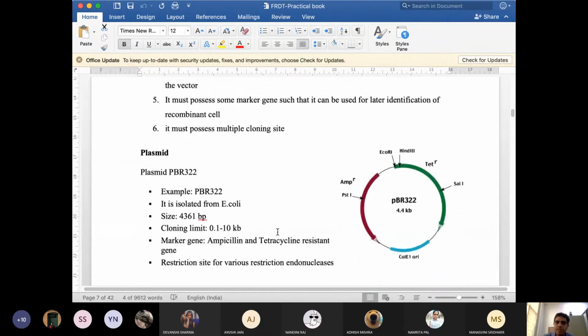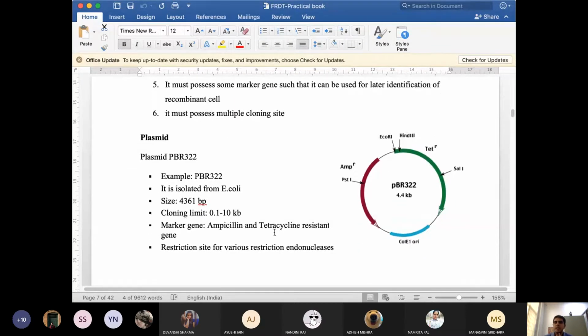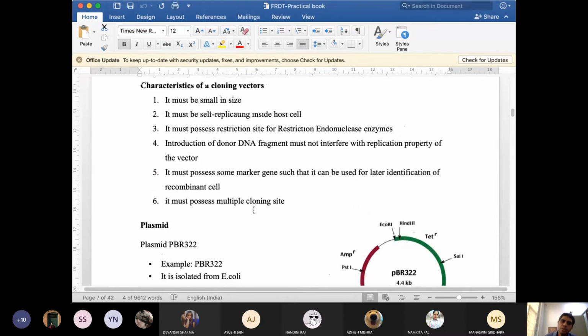Okay, now I'm giving you some examples of vectors, how you can generate and design them. Talking about these properties, the first property is small size. When you isolate a plasmid from your cell, the size of a normal plasmid is around 50 to 200 kilobase pair.